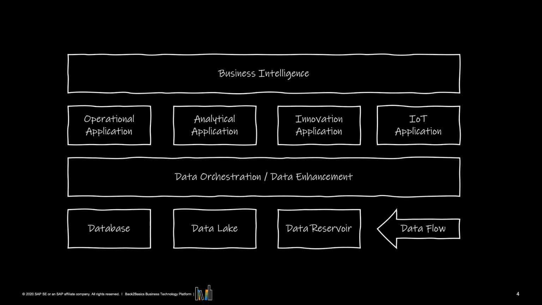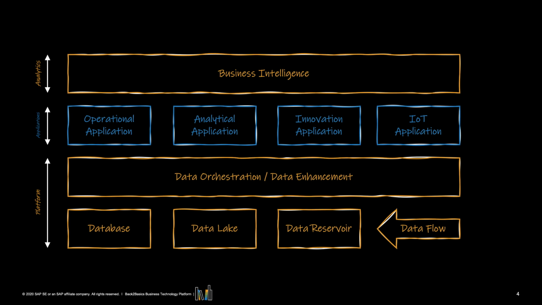Similarly, at the data level, we find the data orchestration or the data enhancement. In here, we simply get access to the data wherever it is stored, and we give that to the applications. We explained the concept of data orchestration earlier in this series of videos as well.